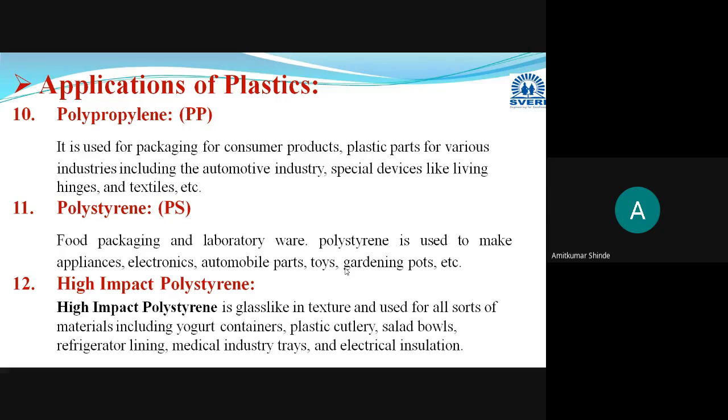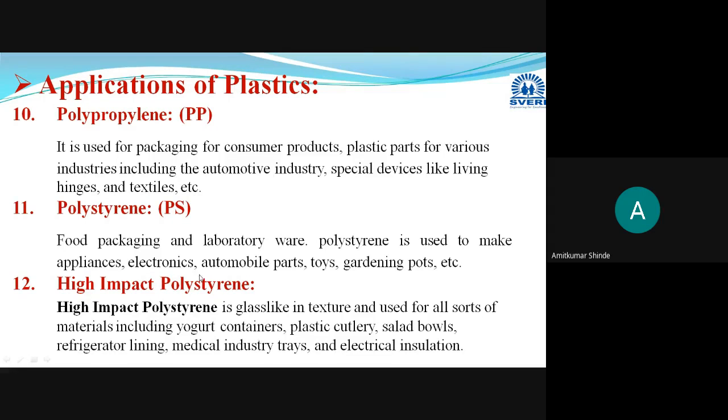After this, next is high impact polystyrene. This high impact polystyrene has a glass-like texture, very similar to glass. It is used as a container for yogurt, to store that yogurt one container is required.